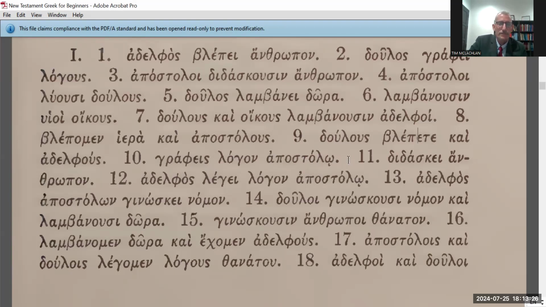I'll just give you one more here. Didaske anthropon. It's two words here, but the subject is going to be tied up with the verb. Didaske, that's he. Epsilon iota is he, third person singular. What's he doing? He is teaching. Present tense. So he is teaching a man. He's the subject, and the direct object is what he is teaching, for example, to biblion, I guess that would be the Bible.